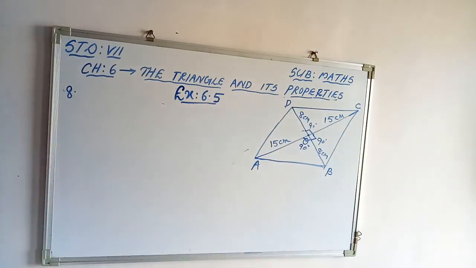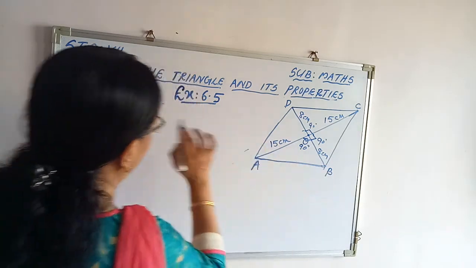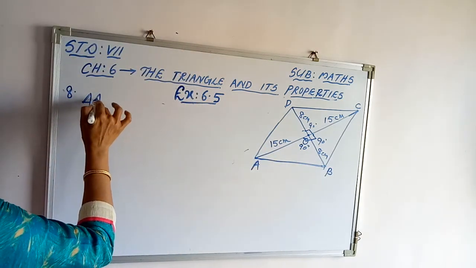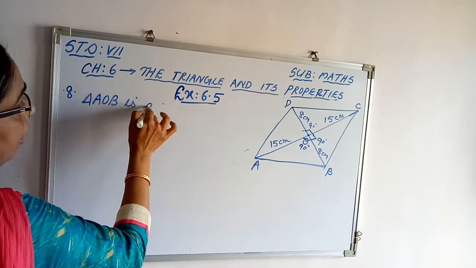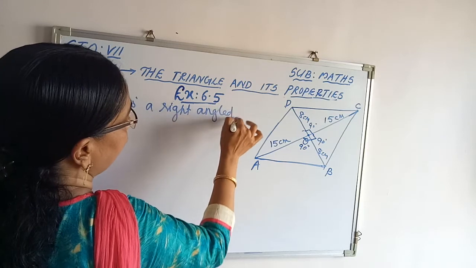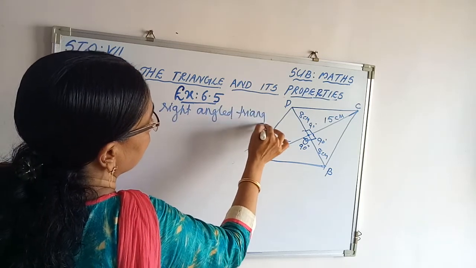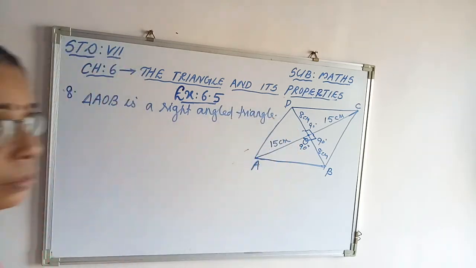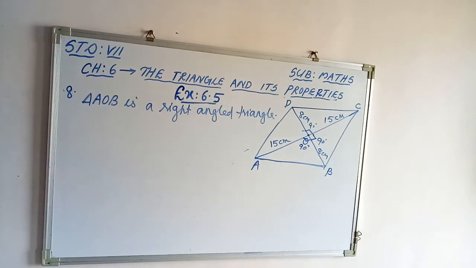ABCD is a rhombus. AC and BD are the diagonals. In a rhombus, the diagonals bisect each other at right angles. Therefore, triangle AOB is a right angled triangle. Now, we can use the Pythagoras property.